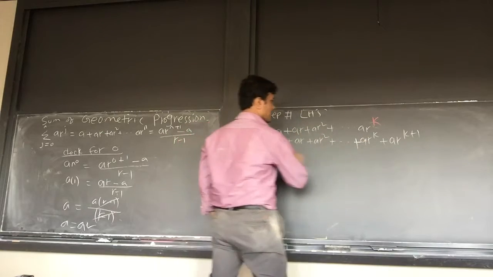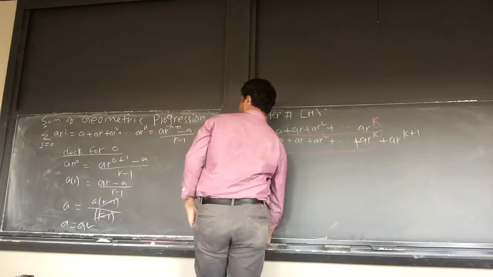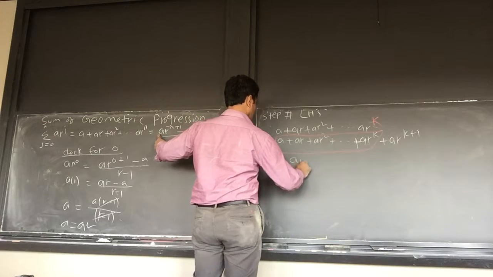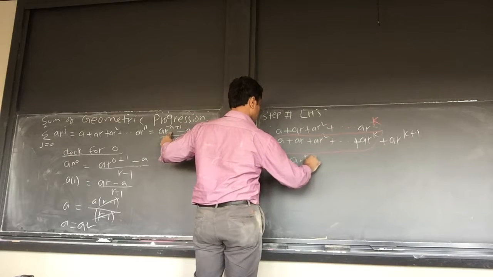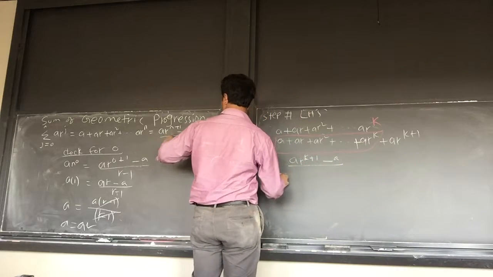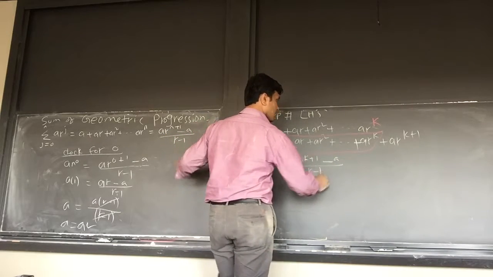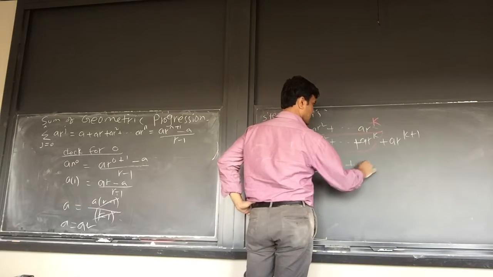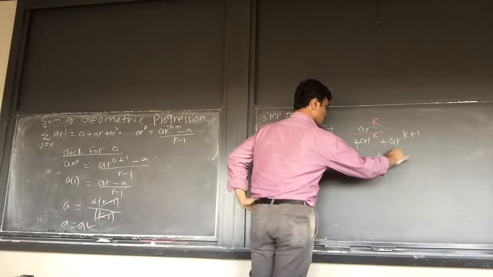Now this guy is over here, (ar^(k+1) minus a) over (r minus 1), plus ar^(k+1).